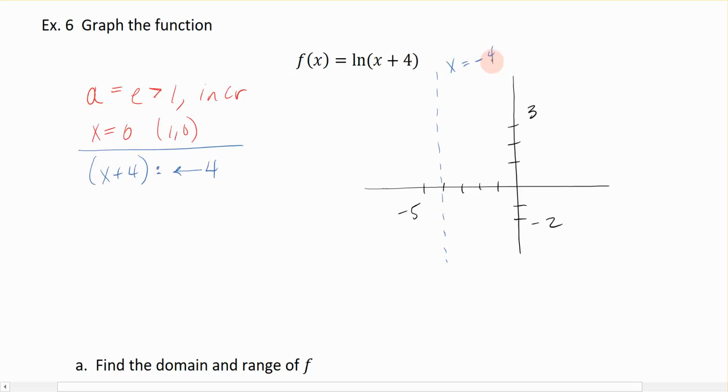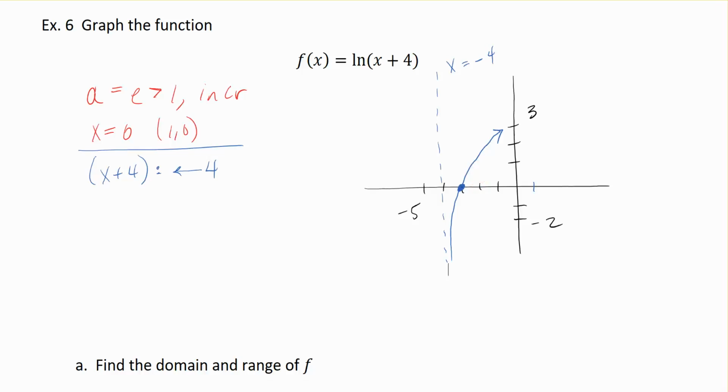I know that I have an increasing function, and I normally crossed at (1, 0), which was right there, and we're going to move to the left 4: 1, 2, 3, 4. Now I'm crossing the x-axis here at (negative 3, 0). So if I'm an increasing function, I'm going to move along like that, and that's about all I need to know at this point. I graphed the function.